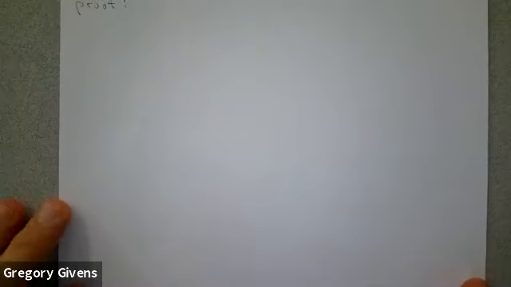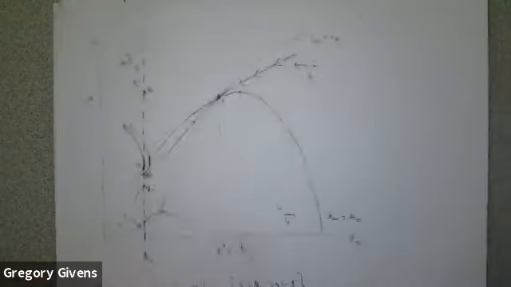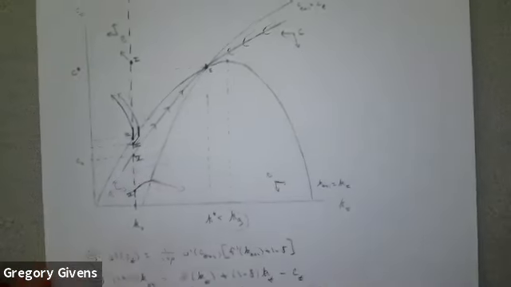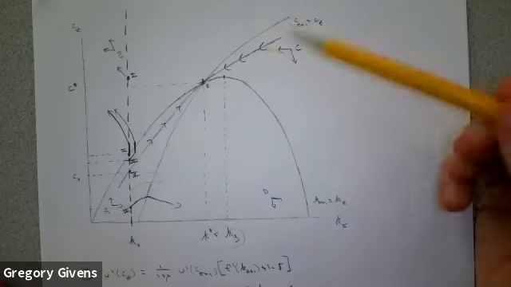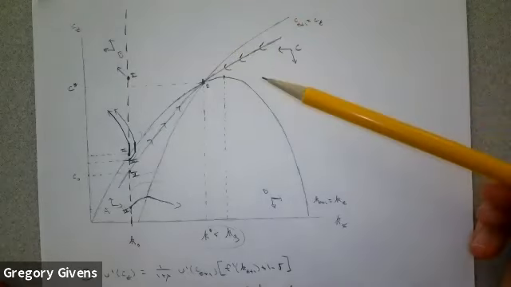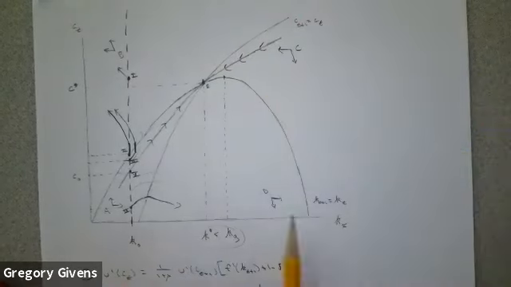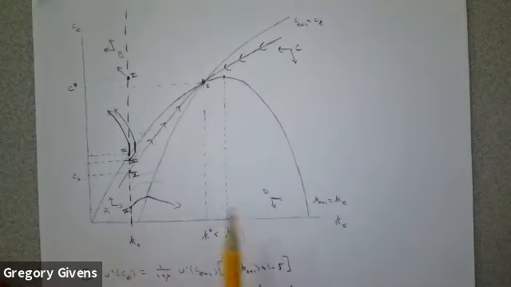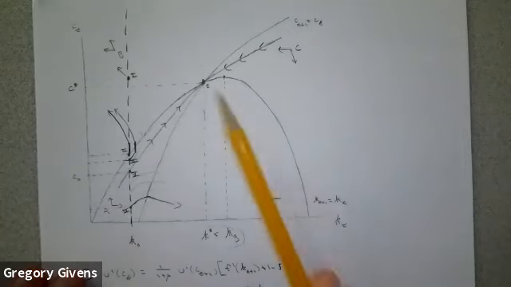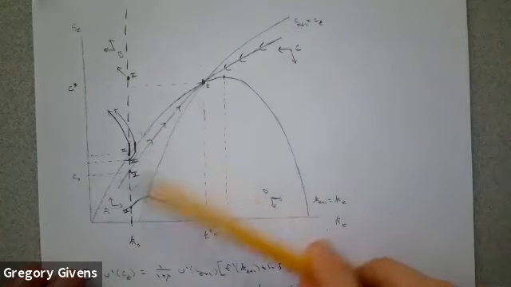Okay, that means what we're going to have to do is actually prove that we can rule out. Now let's think about this for a second. What is true about any possible trajectory on the phase diagram, regardless of what the initial capital stock is? There's really only 3 places you can end up. You can either end up at the steady state on the saddle path.